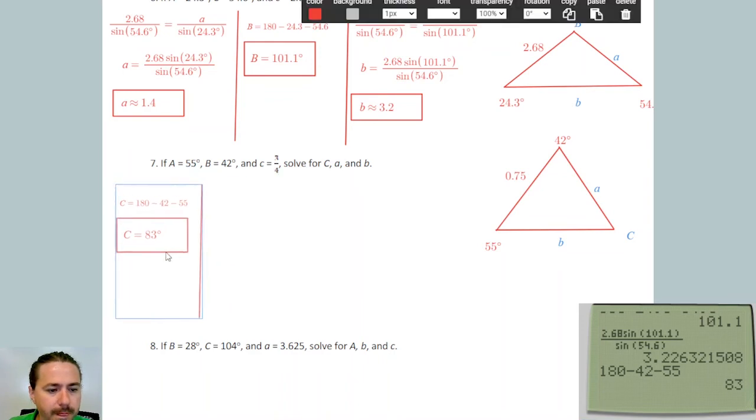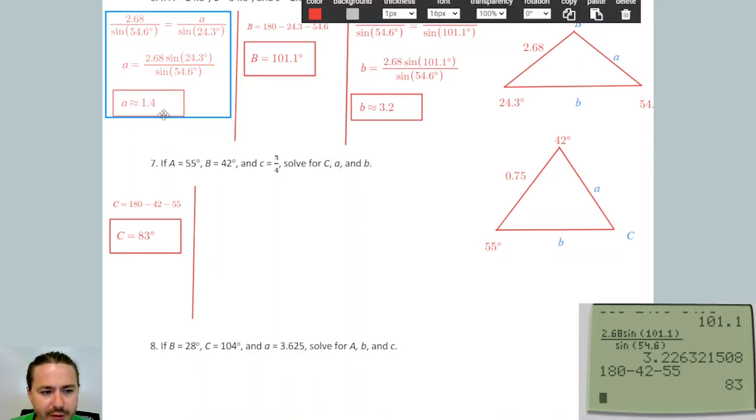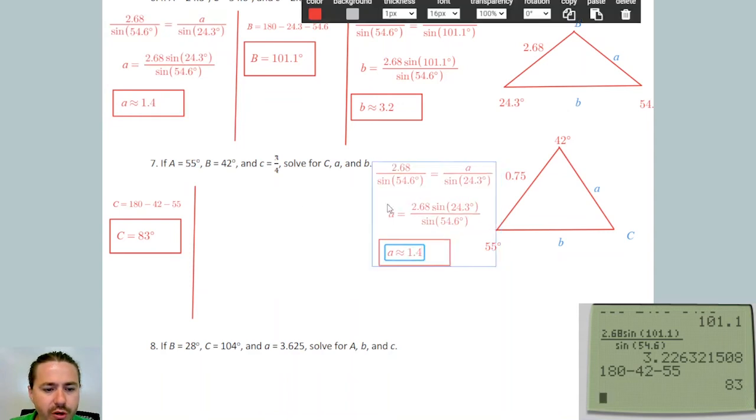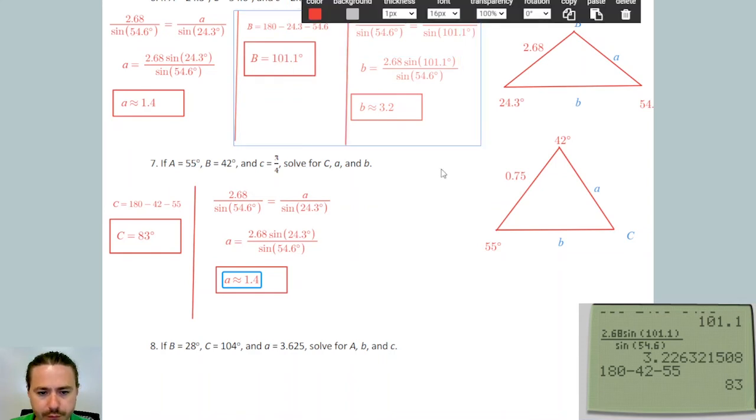Okay. So now that we know that this is 83 degrees, we can use side C, angle C as our ratio that we know. So we'll use that as our first ratio, and then we can go and find A and B separately. So I'm just going to copy and paste the rest of this. I guess I'll go for side A first, although it really doesn't matter.